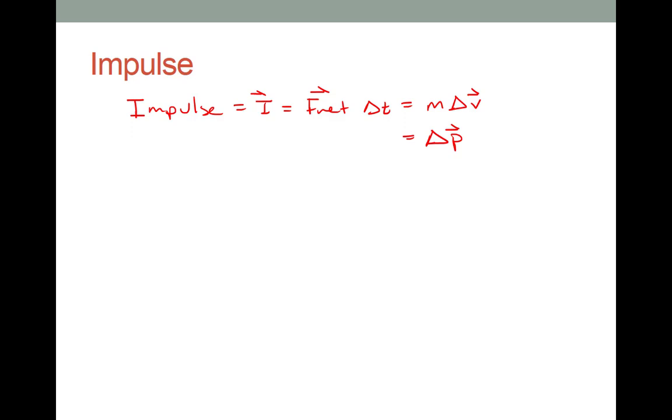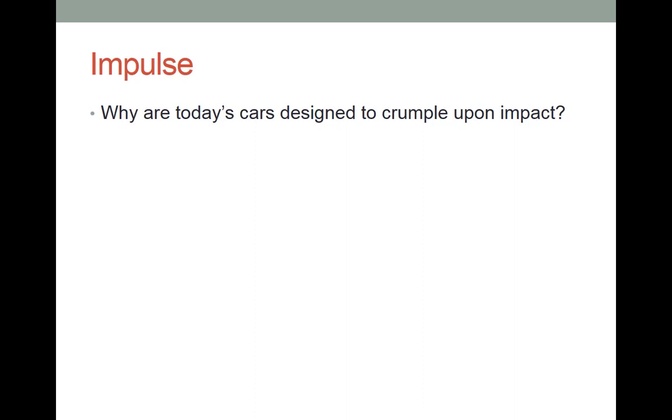Now let's think about this a little bit. What applications do we have for impulse? So the first thing I want you to think about is a car. Modern day cars are designed to crumple upon impact, which is why when you get into what seems like a very, very minor fender bender, you have thousands of dollars worth of repairs to do.